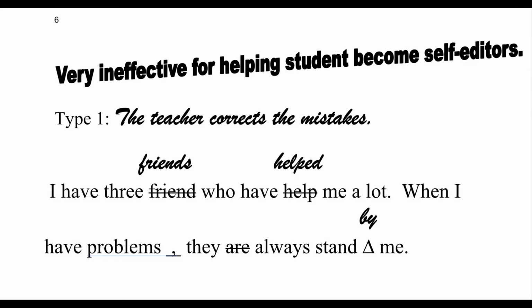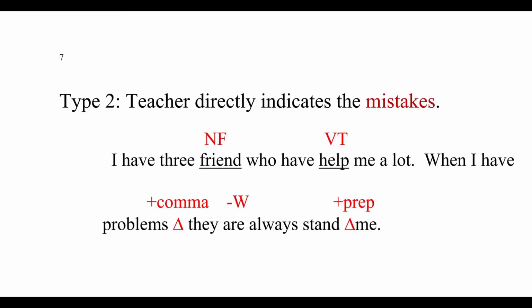In this method, the teacher used a code like NF, meaning noun form mistake, and VT, a verb tense mistake, etc. To tell you the truth, for many years I used this type of marking approach.